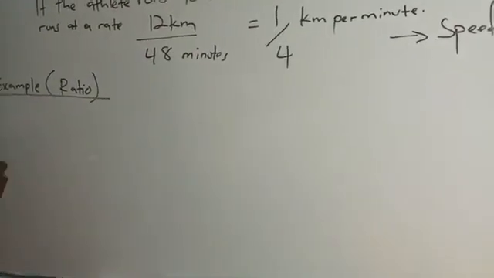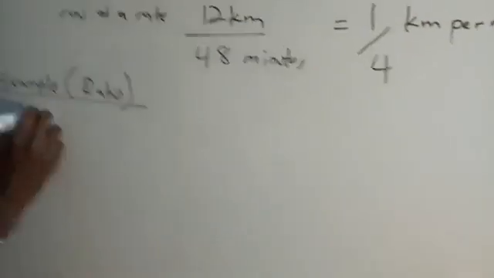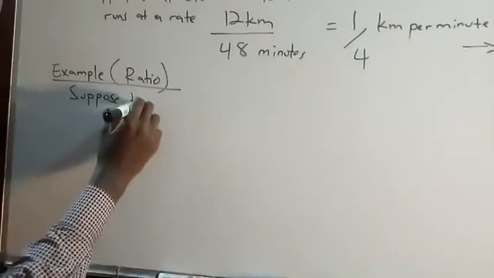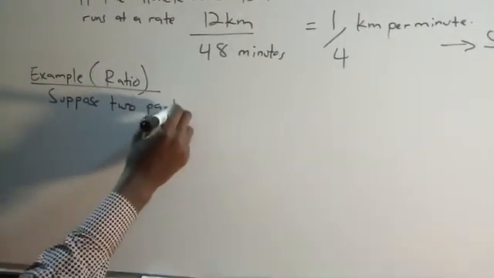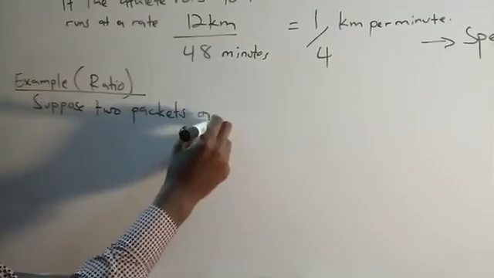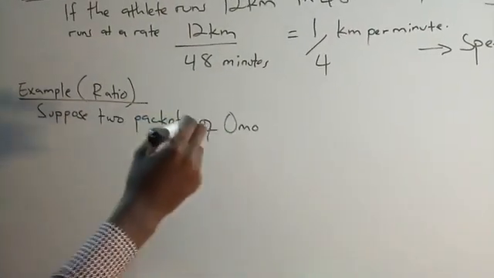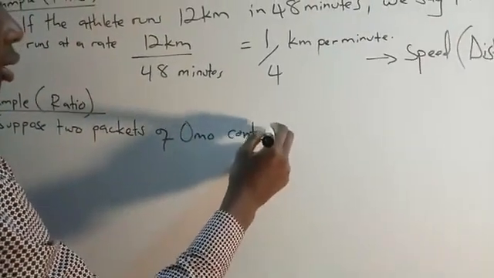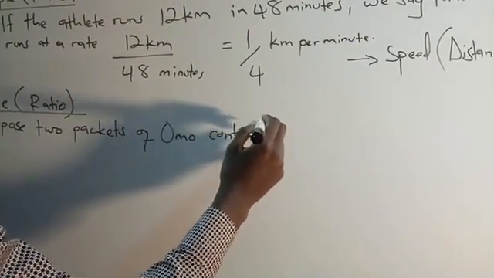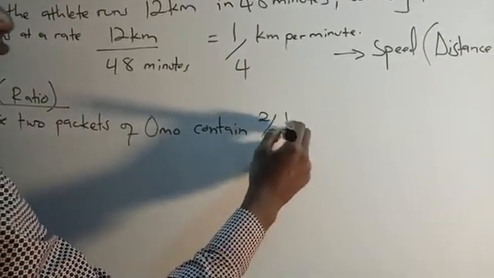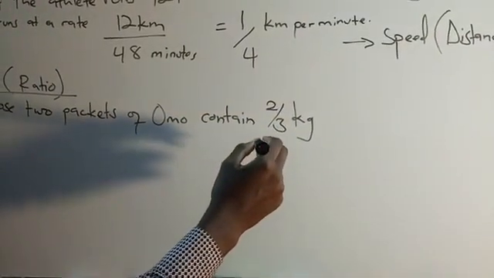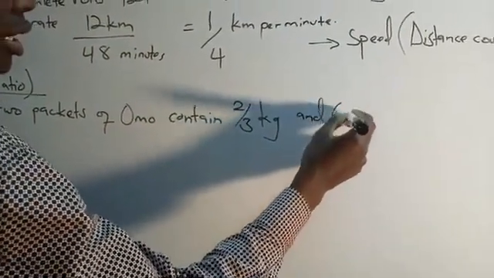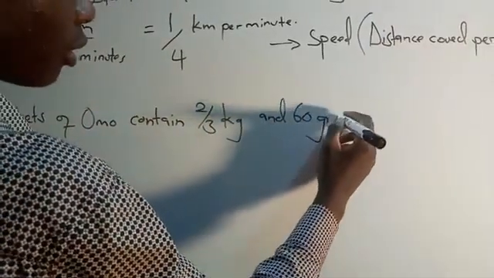Suppose 2 packets of Omo contain 2/3 kilograms and 60 grams respectively.